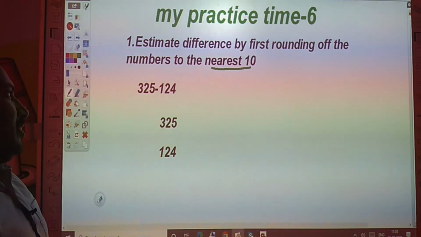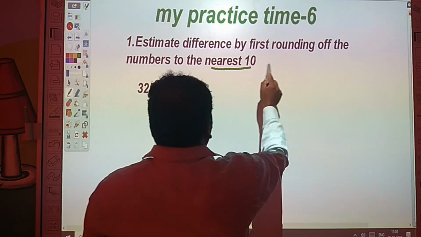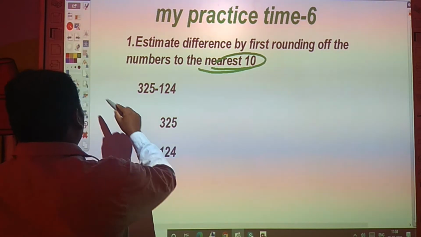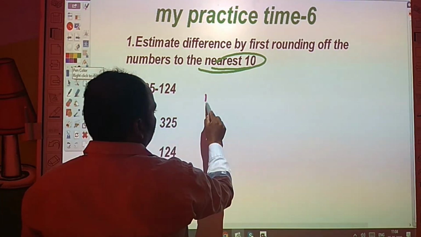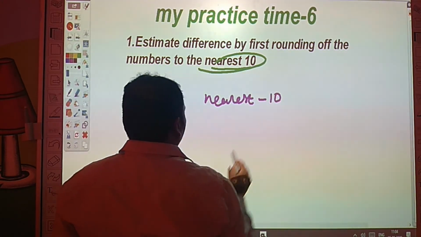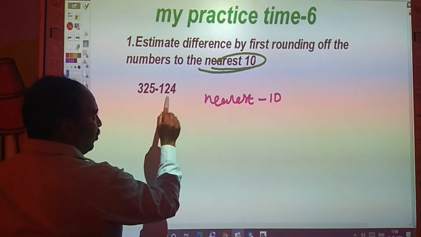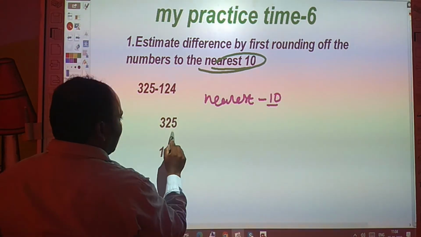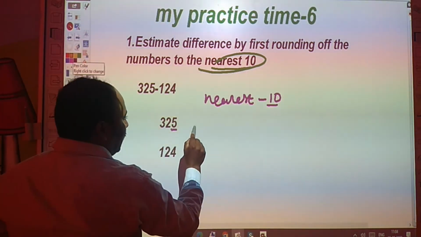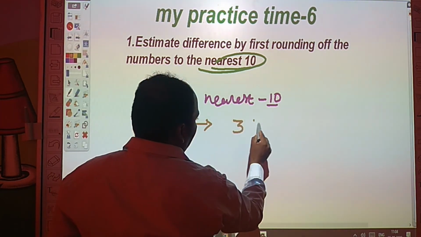We want to subtract, but before that we round off to the nearest 10. For 325, we consider the ones place first, so 325 is nearest to 330.